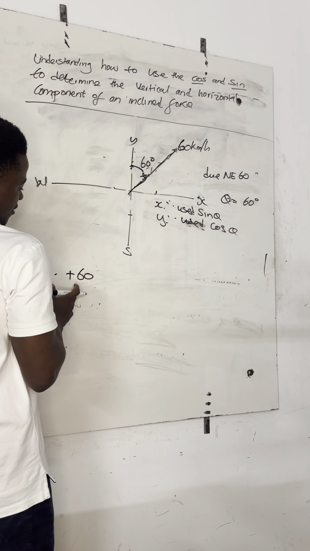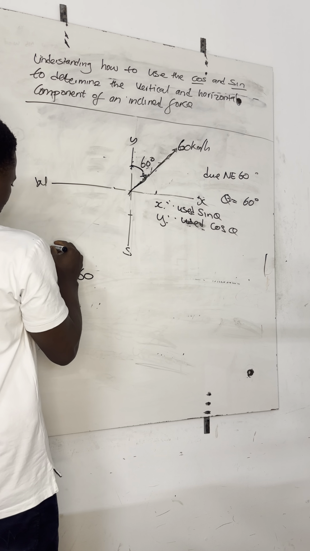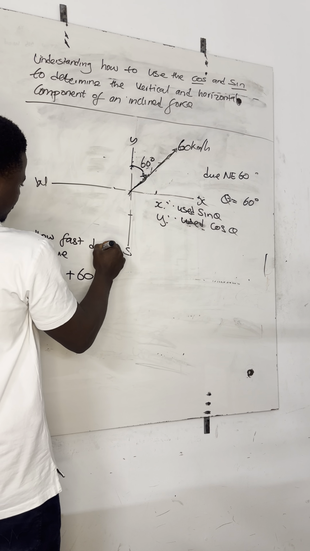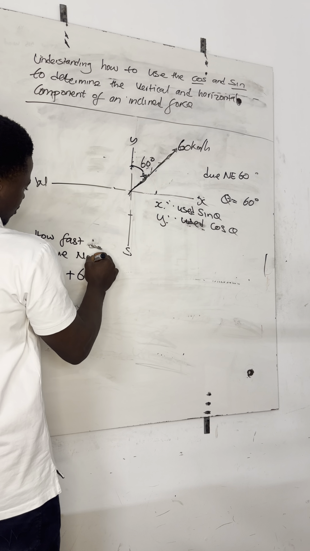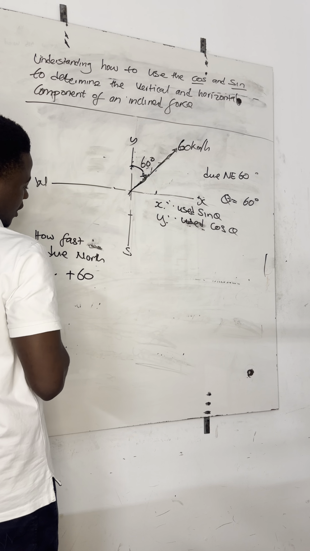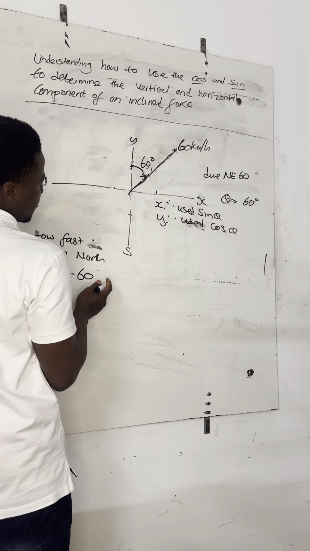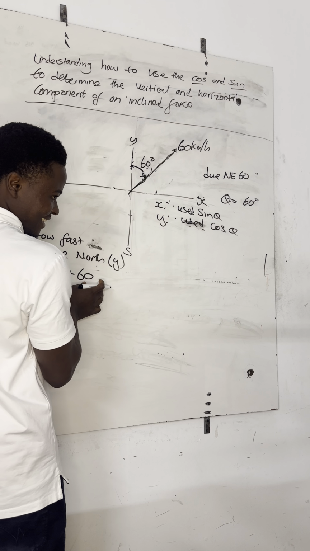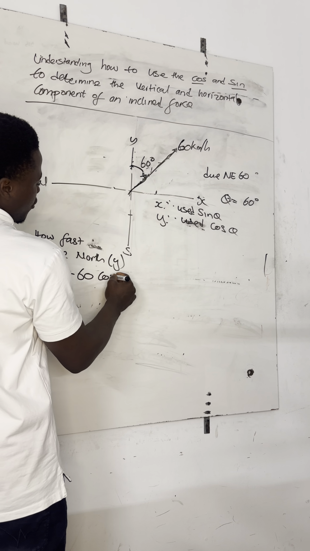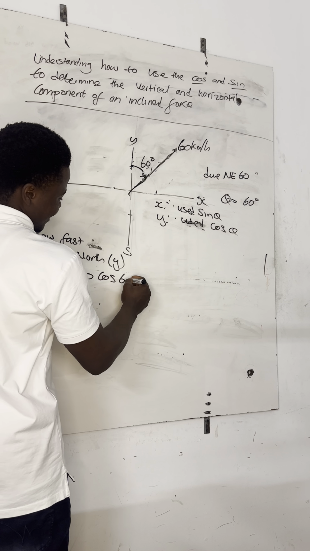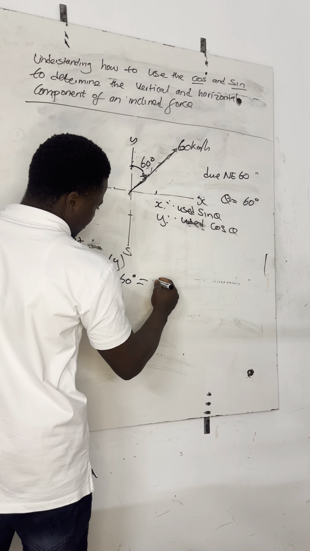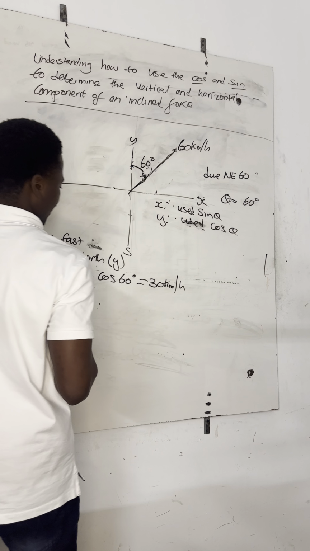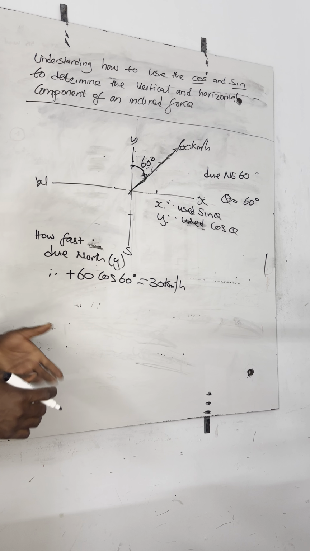For our y, which is due north, instead of it being sine 30, here you are going to get cos 60 degrees. And that will give you 30 kilometers per hour. You can go ahead and verify.